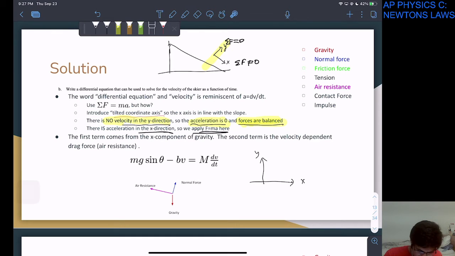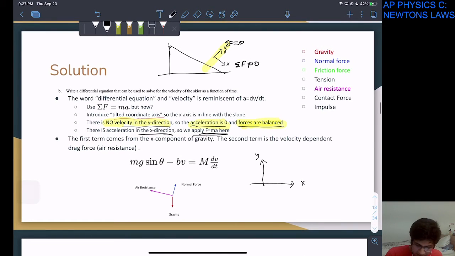Okay, so what are the sum of the forces in the x direction? Well, we have mg sine theta. So this is the x component of gravity. Because we tilted our coordinate system, I'm just going to redraw it a little bit bigger over here.